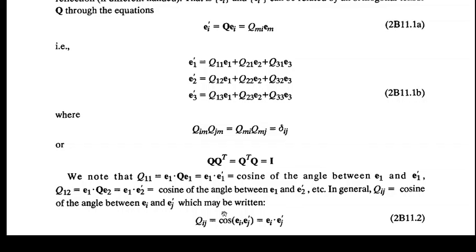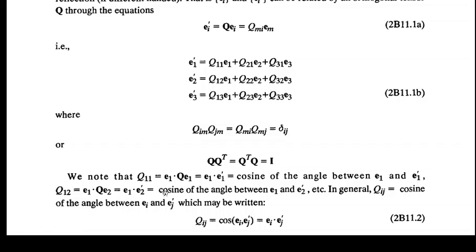This is the dot product, and you can open this as the mod of E1 and mod of E1 dash times the cosine of the angle between them. The length of E1 and E1 dash is 1 because they are basis vectors of unit length. So Q11 is the cosine of the angle between E1 and E1 dash.